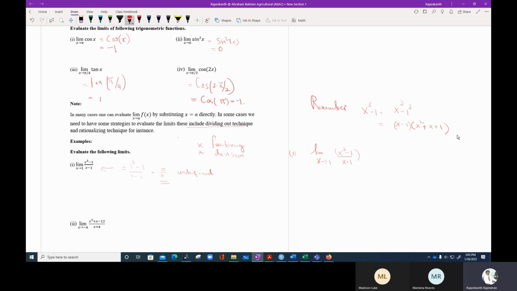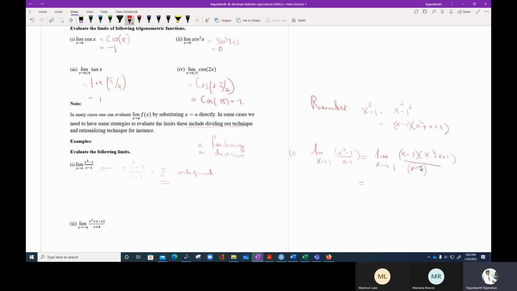Okay, so that means I'm going to rewrite this as the limit as x goes to 1 of the numerator's factored version, which is this, and you need to divide this by x minus 1.